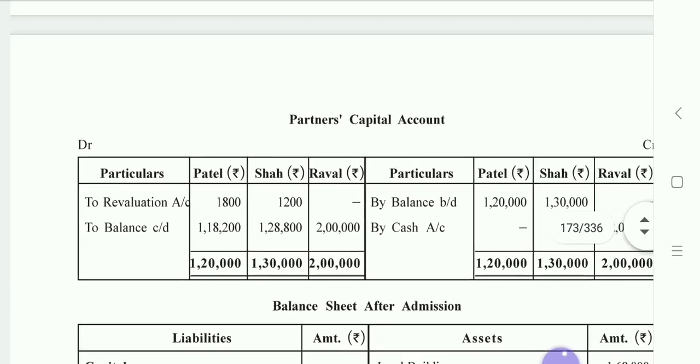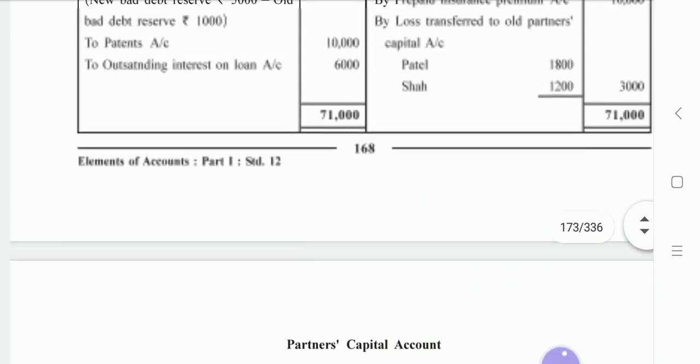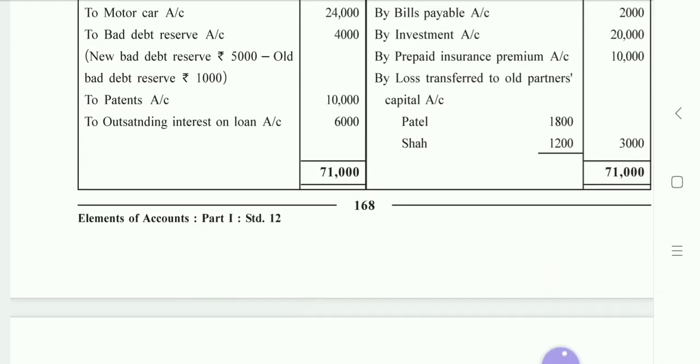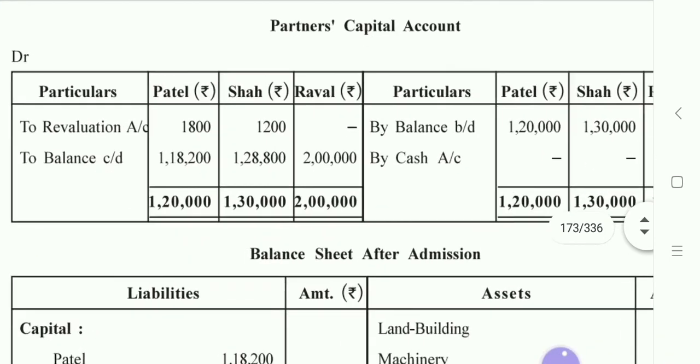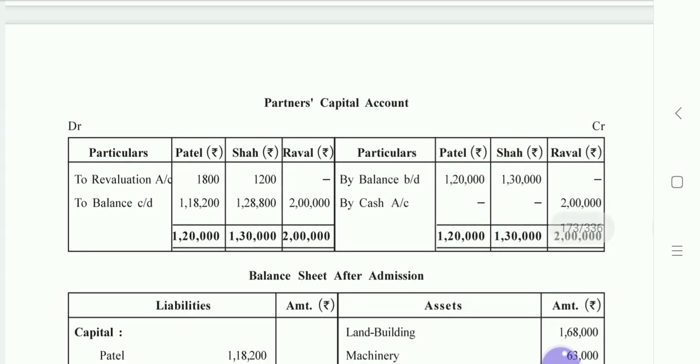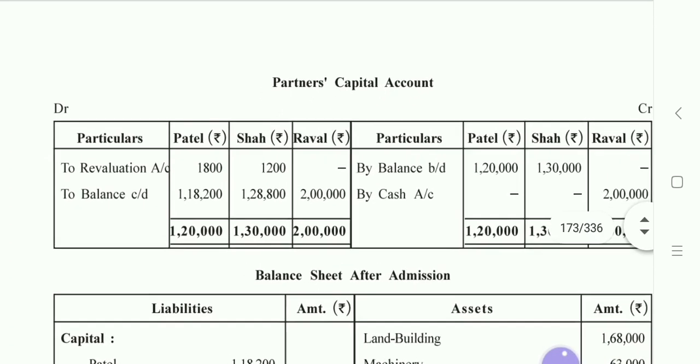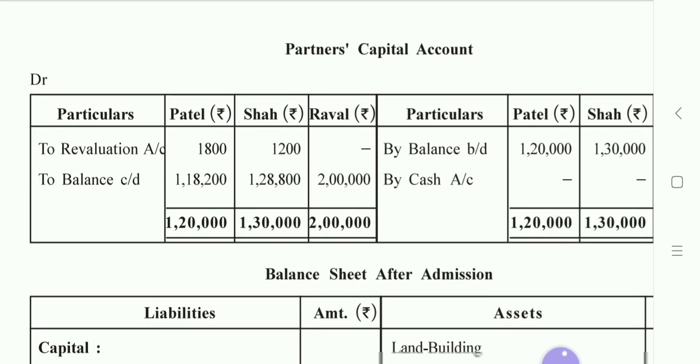Or else another logic can be, you have to transfer the answer on opposite side. Here it is credit, so here it is debit. This can be the trick to memorize. So I have transferred the loss on revaluation here.